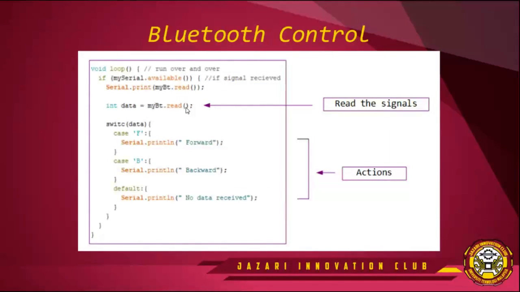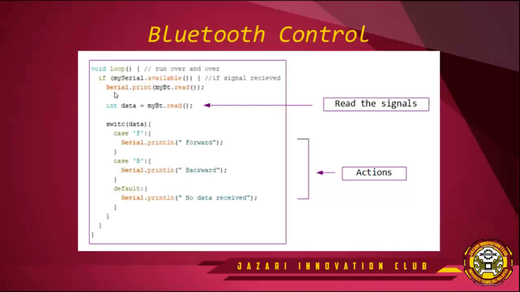Next, inside the void loop, or if you want, you can put this whole thing inside a whole new function of your own, and then put that function inside the loop. It will look a little tidier. But you can also put the whole thing like this inside the void loop. It will work if you write it correctly.